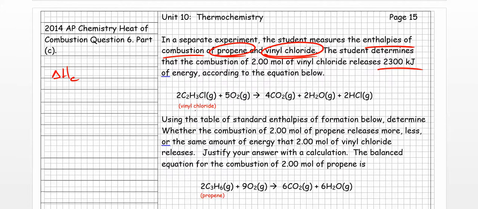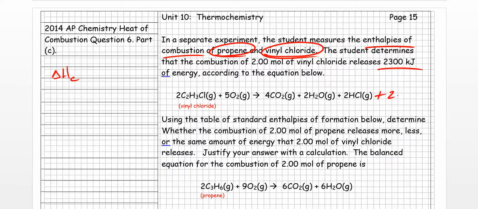So it's 2 moles of vinyl chloride plus 5 moles of oxygen gas yields 4 moles of CO2 gas plus 2 moles of H2O gas plus 2 moles of HCl gas. In addition to the CO2 and the H2O, this time, because vinyl chloride has a chlorine, we're going to get hydrochloric acid. So we're going to get carbon dioxide, H2O, and HCl in this process, but we're also going to get something else. We're going to get heat.